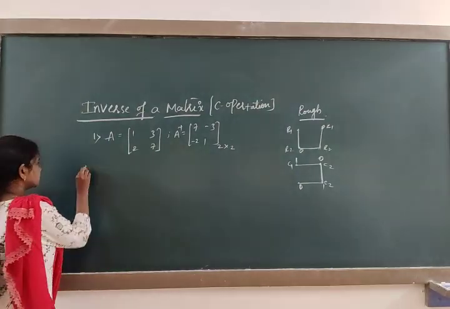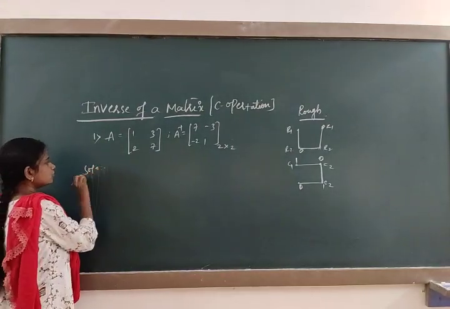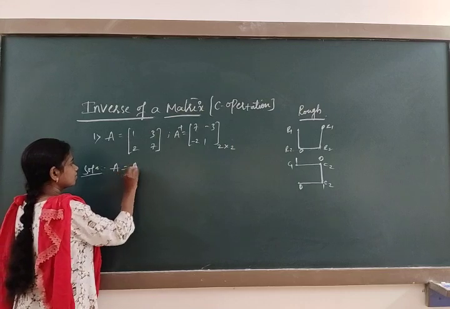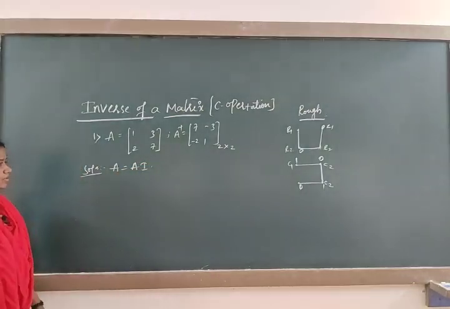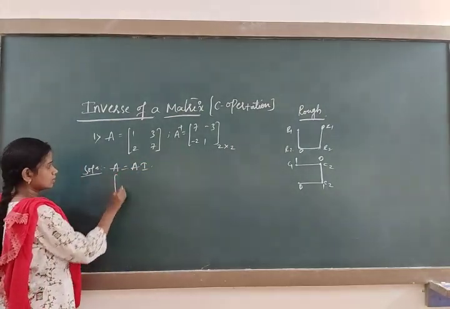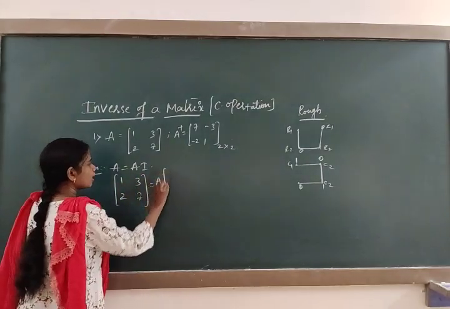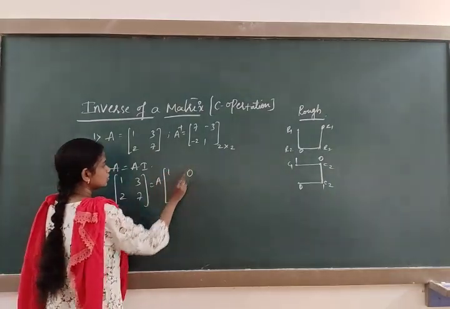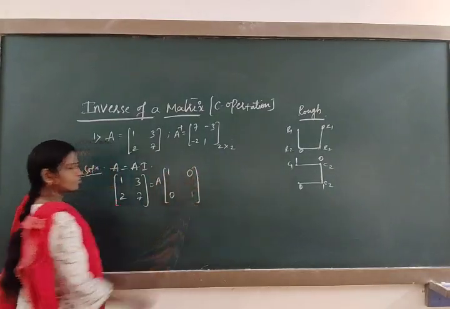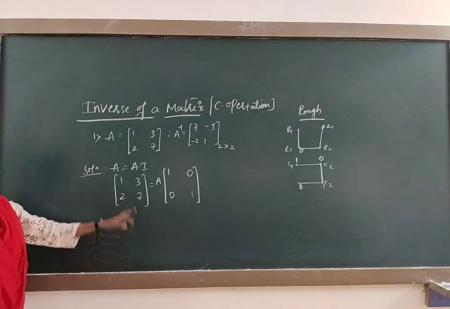Okay, solution. We know how to write A is equal to AI. So this one, [1 3; 2 7] is equal to A of I, and I value is [1 0; 0 1]. Now check it out.